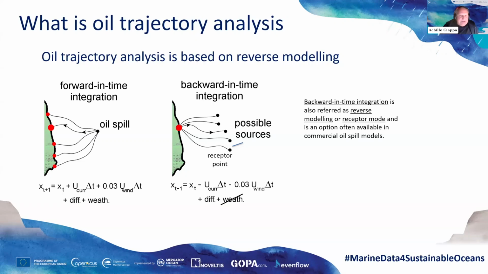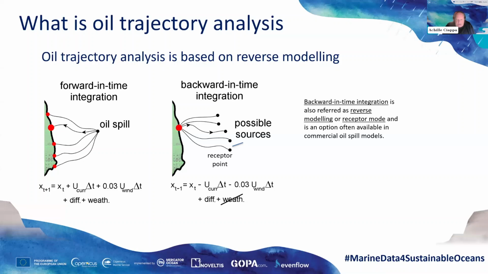So, what is backward in time integration, or reverse modeling? On the left is shown how a conventional oil spill model works. We have an oil spill offshore, and then the oil is moved forward in time up to the destination. Instead, on the right side, you can see the concept of backward in time integration.